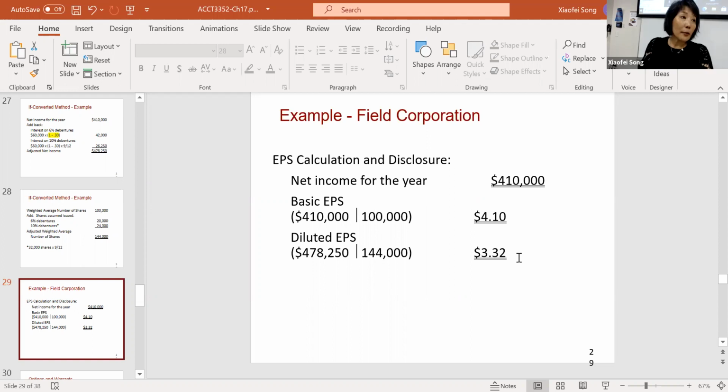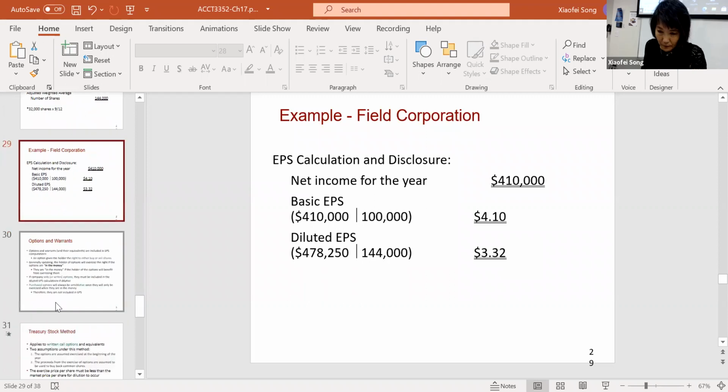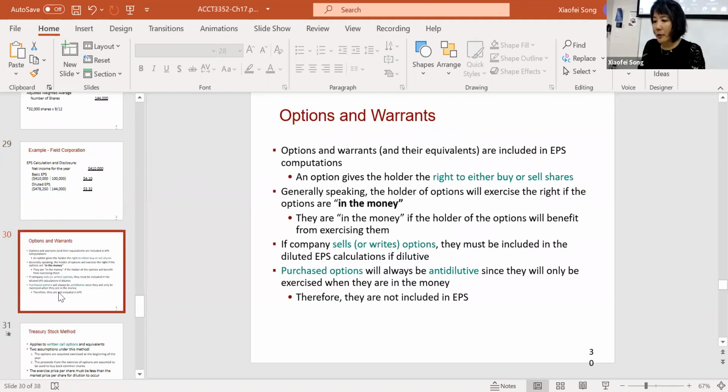Okay, so this is about the convertibles. And the next thing is about the options and the warrants. The textbook talks about the option warrants issued by the company, whether the company writes options or sells options.